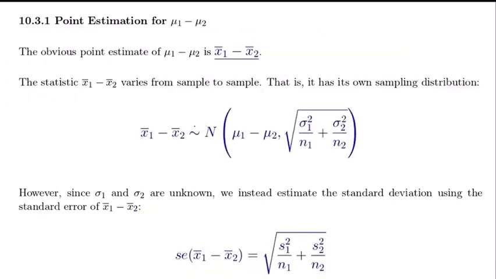If I want to look at the difference between two populations, I take a sample of size N1 and a sample of size N2. I get the mean of the sample chosen from the first population, and I also get the mean from the sample taken from the second population.